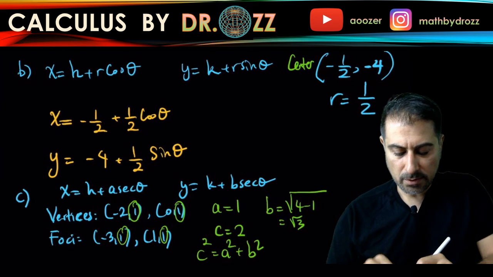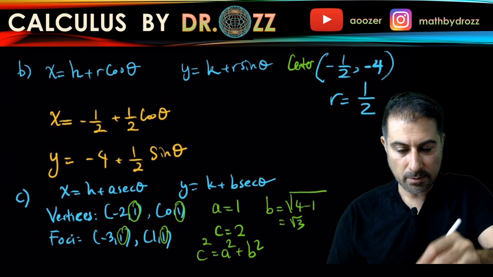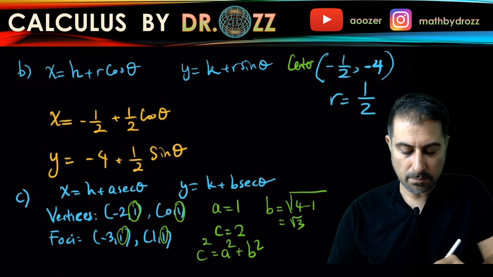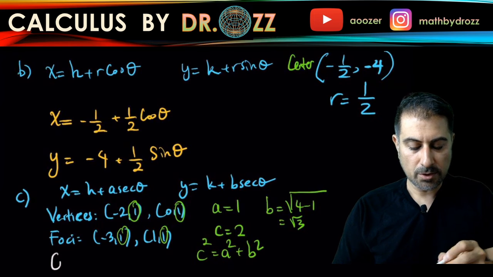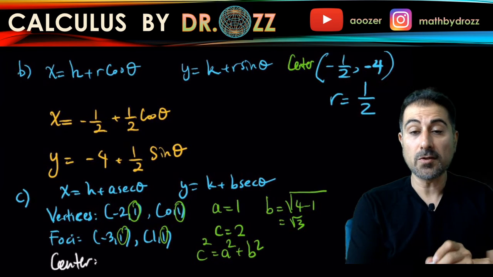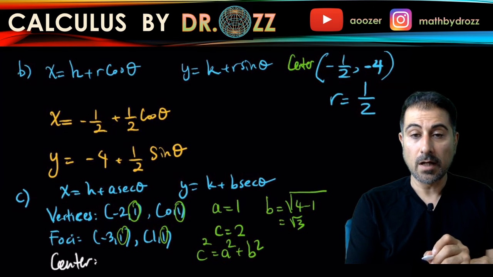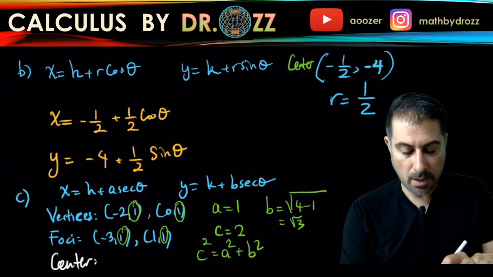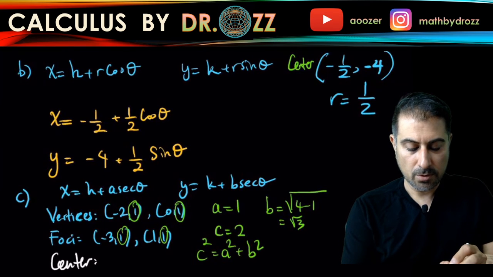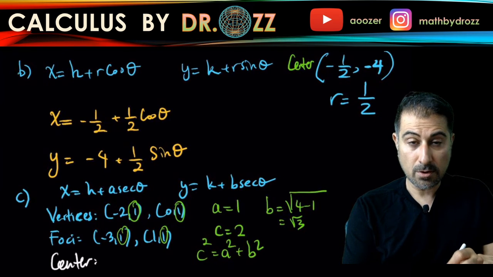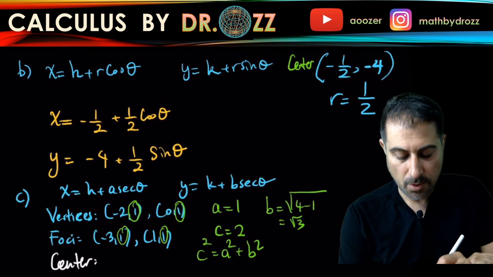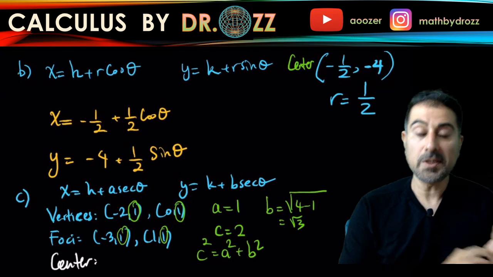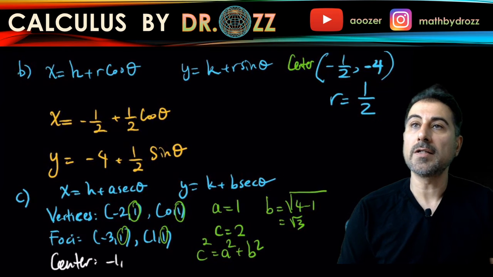So let's write that down here. Center is going to be, well, the distance between the two vertices is 2, and half of that takes you to the midpoint. So I'm going to jump from -2 to 0, but I'm going to add 1 in between. So (-1, 1) would be the location of the center.